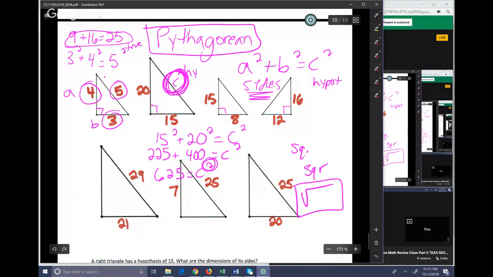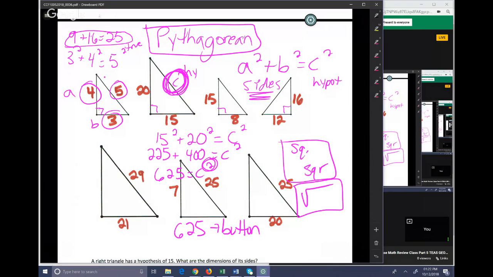You're looking for this and this. So you find that button, you click in the number 625, then you hit the button. So you type in the number, then you hit the square root button. That tells you what the square root of 625 is. And so most of these are going to come out even.